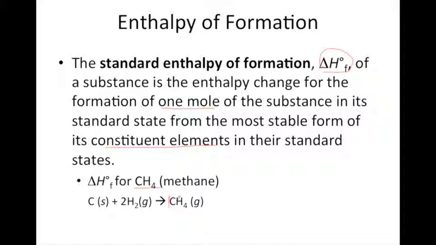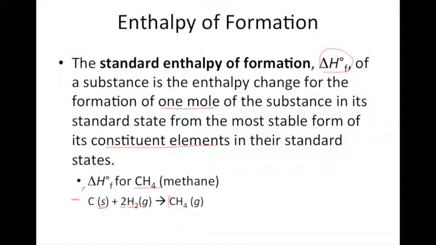So to make 1 mole of methane from its constituent elements, this would be our chemical equation. 1 mole of carbon in its solid form, that's its most stable state, plus 2 moles of H2, hydrogen gas, that's the elemental form of hydrogen, would give us 1 mole of methane. So this would be the equation showing the standard enthalpy of formation of methane.